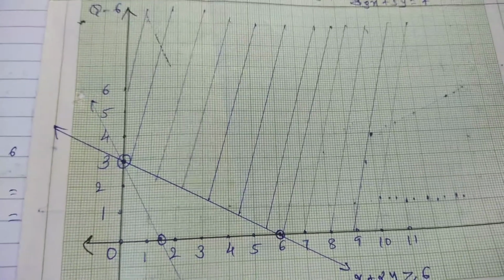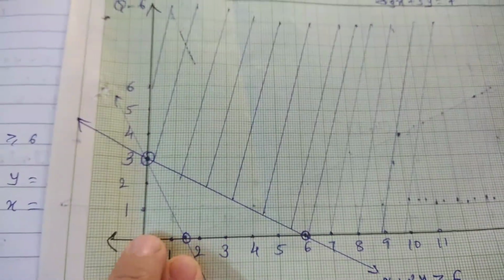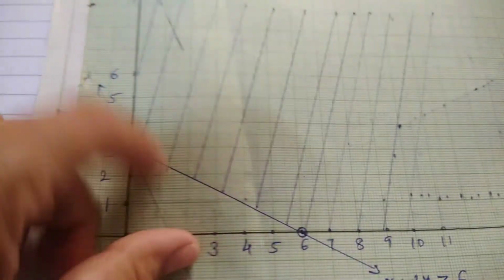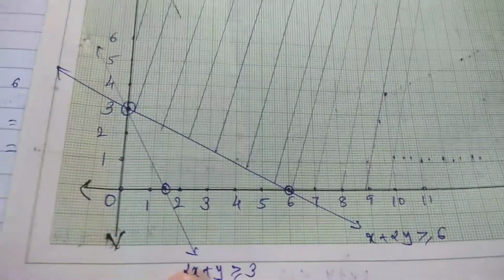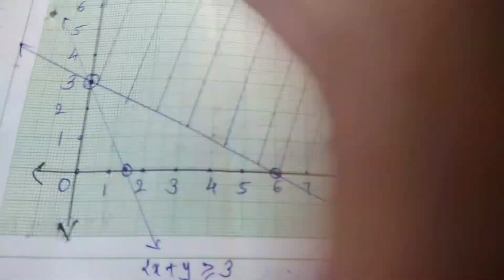Sorry for this, again, let us start. X = 0, then y = 3. Y = 0, then x = 1.5 somewhere. So this is the line 2x + y = 3, and since it is greater than 3, we take the upper portion.